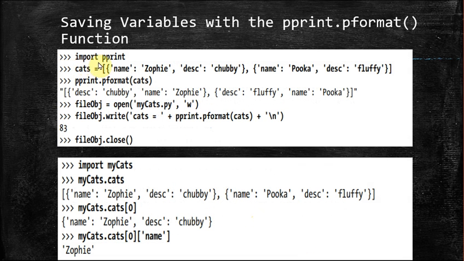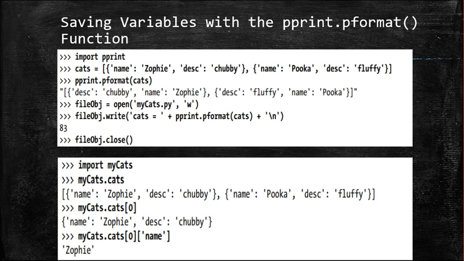First, if you want to use pprint, you have to include this module, that is, import pprint. That is the first thing. Because of that, we can use the function pprint pformat, which is going to return us the string.